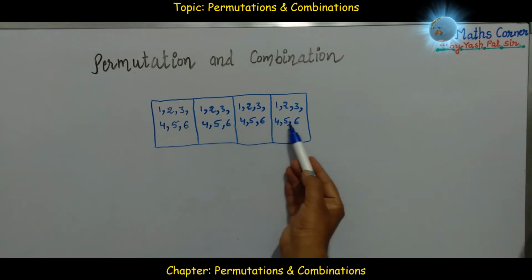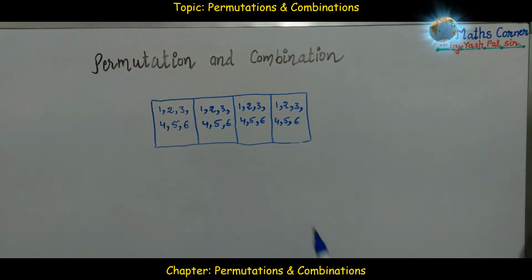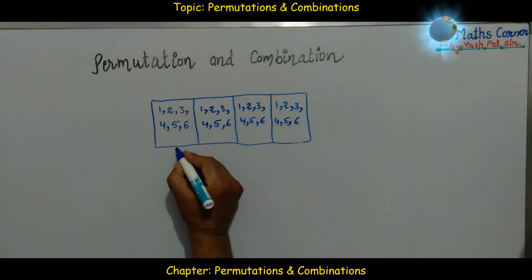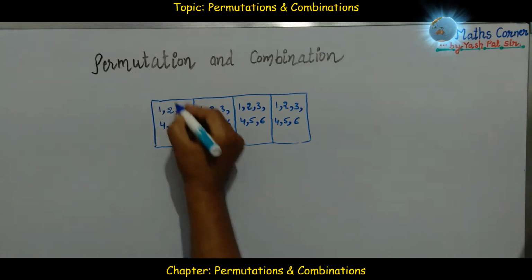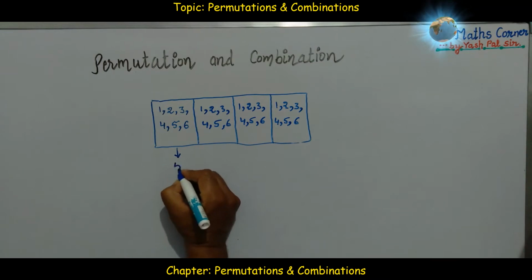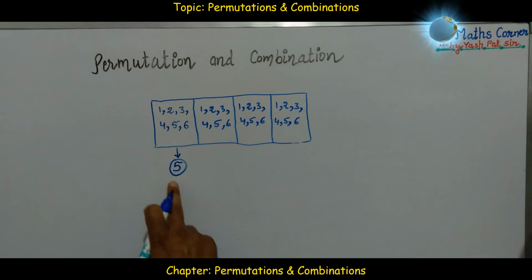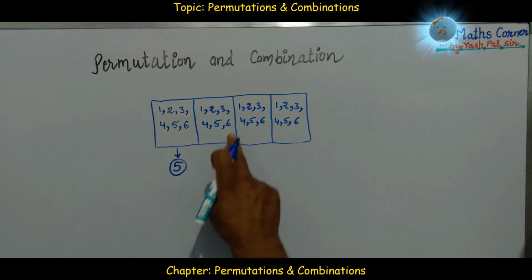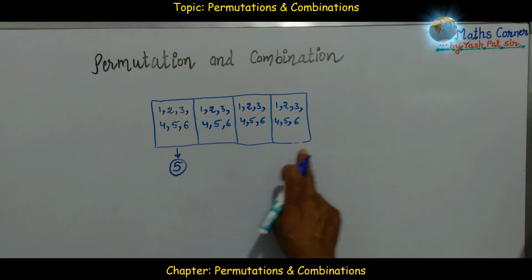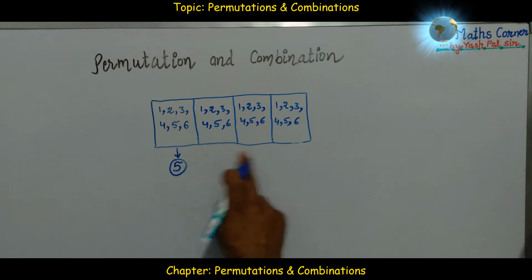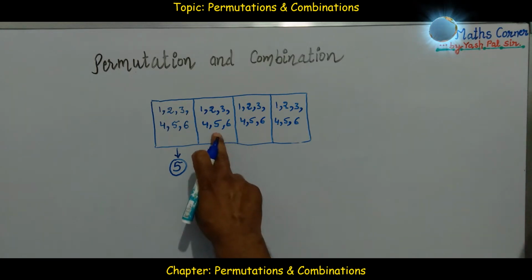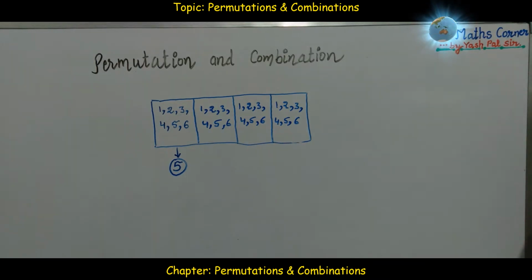The third and fourth rings also contain the numbers 1 to 6. Now, the first ring's number is 5. Only this is remembered.